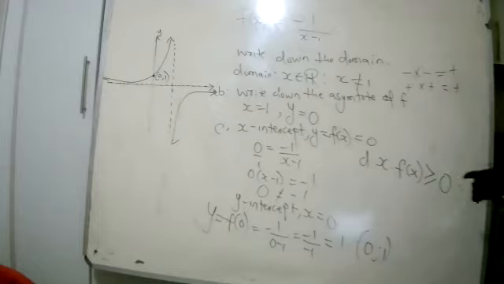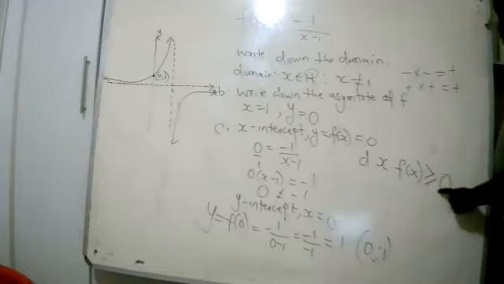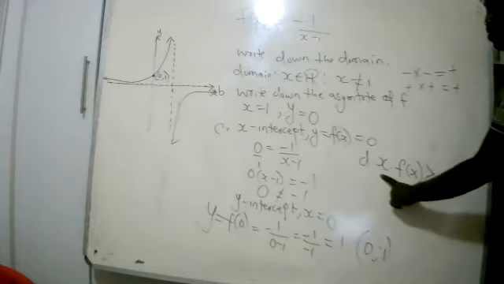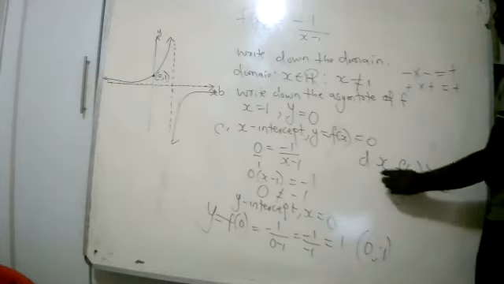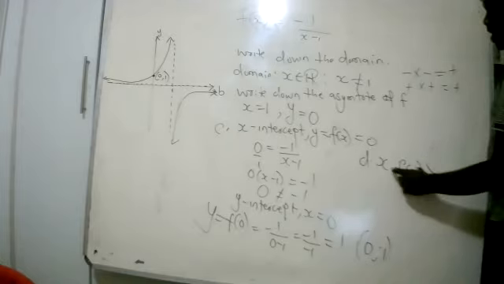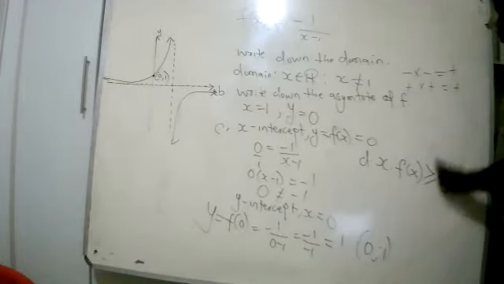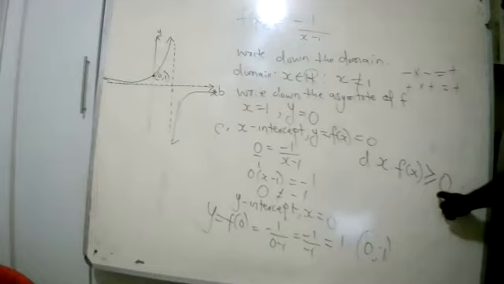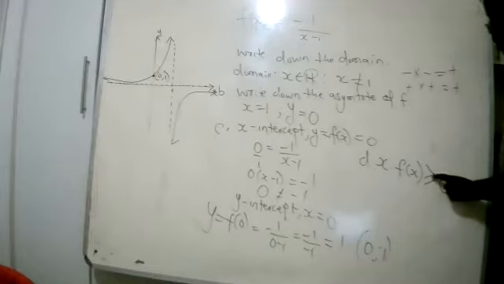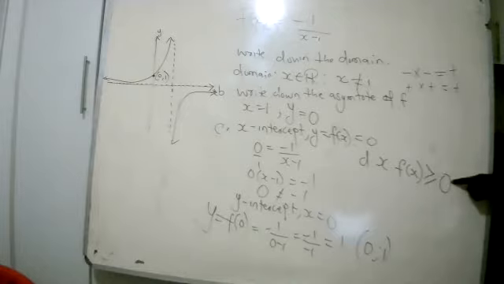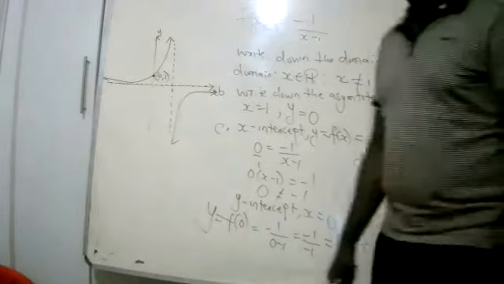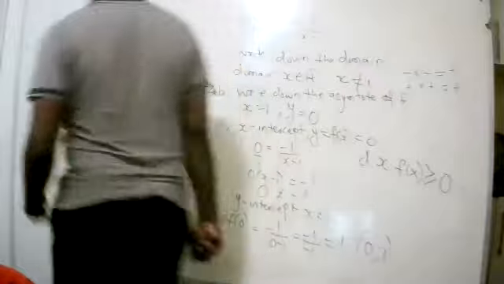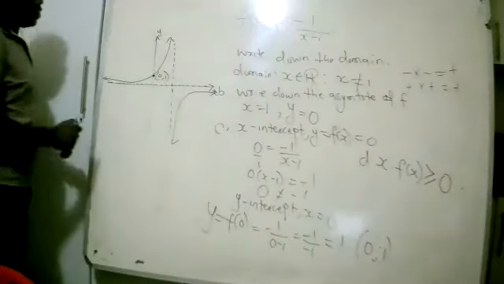These are the 2 scenarios where we can have this greater or equal to 0 scenario. So we are looking for the domain of x, where when you multiply the values of x with the function itself, you must have a positive outcome, or you must have results where this product is greater or equal to 0. So now let me explain this to you so that you understand what is required on this question.